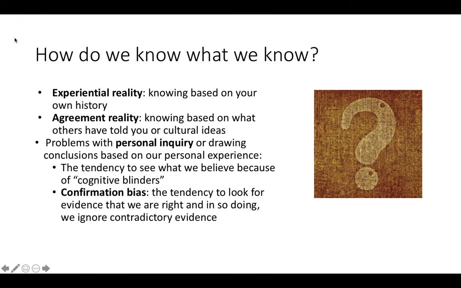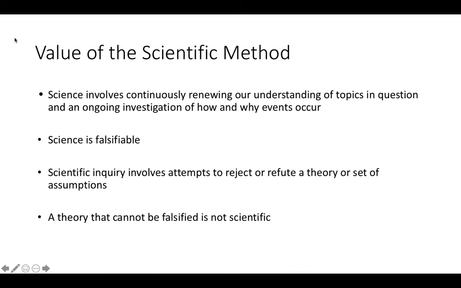We usually come to these beliefs based on a lot of thought effort, and so we don't just easily vary from belief to belief. As a result, because our beliefs are important to us, we may engage in confirmation bias, which is our tendency to look for evidence that we are right, and in doing so, we ignore contradictory evidence.